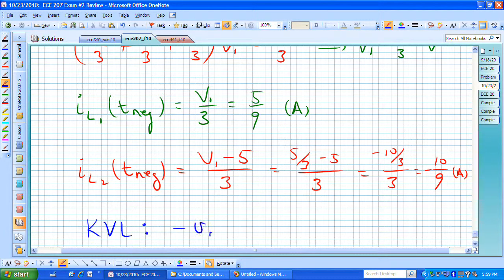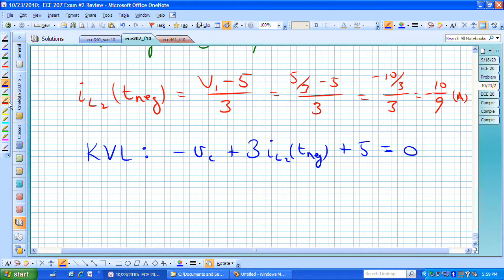Now we're doing our KVL equation. We have minus V sub C plus R sub 4, which was 3, times I sub L sub 2 at t negative, plus 5 is equal to 0.